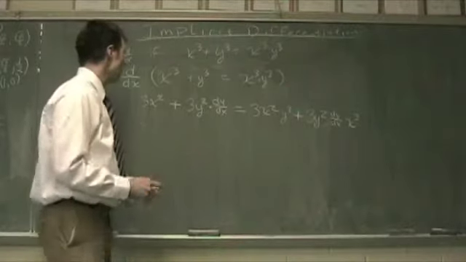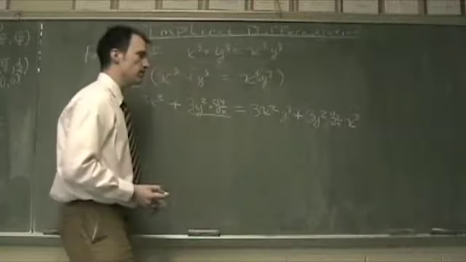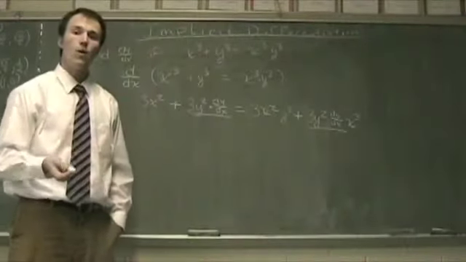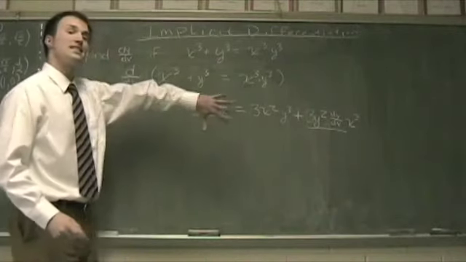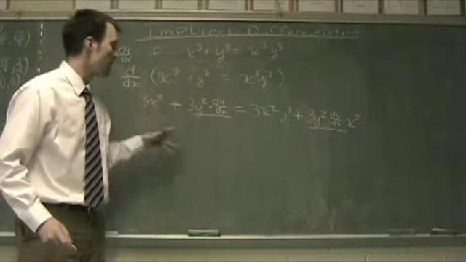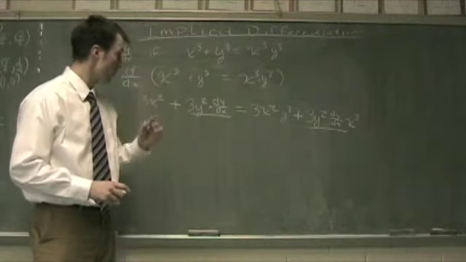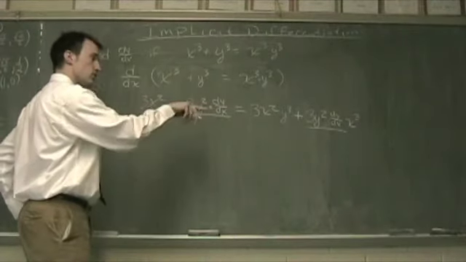Okay? So at this point, what we have is a dy/dx term here and another dy/dx term way over here. What I want to do is group all of my dy/dx terms together on one side and then divide out by our common coefficients. Okay? So I'm going to go about that now. I need to move everything else to the other side.